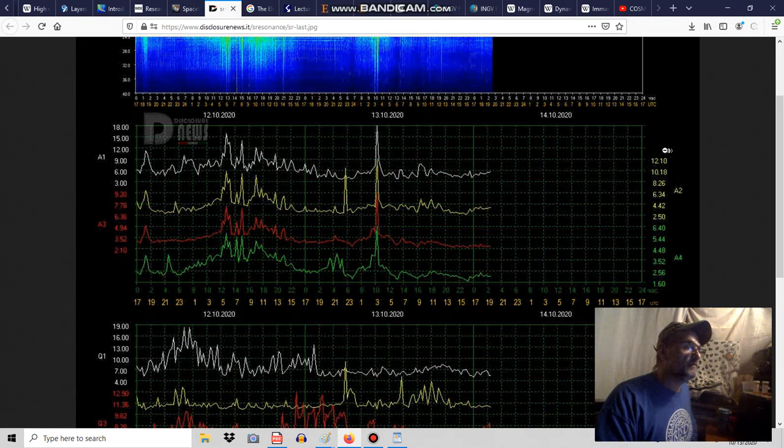Then you have the height of amplitude 2, mode 2, peaking right there. Then amplitude 3 peaks at 9.5. And then you have amplitude 4, which is the fattest. That doesn't go tall, it goes fat, peaking out at 6.4.